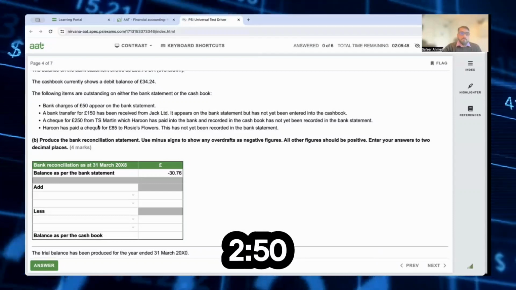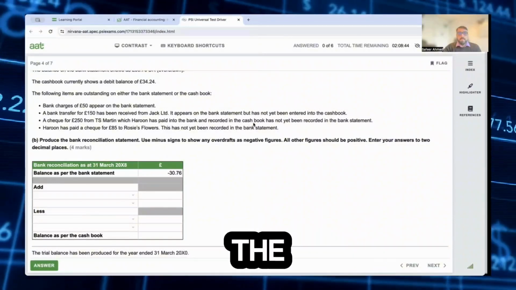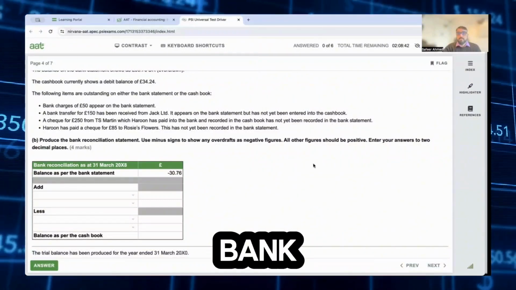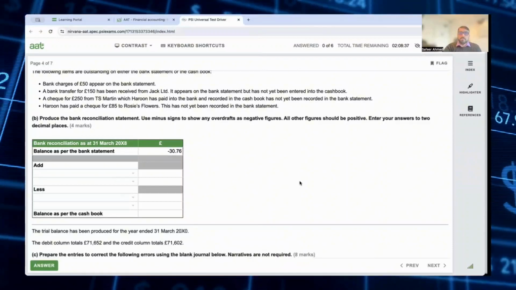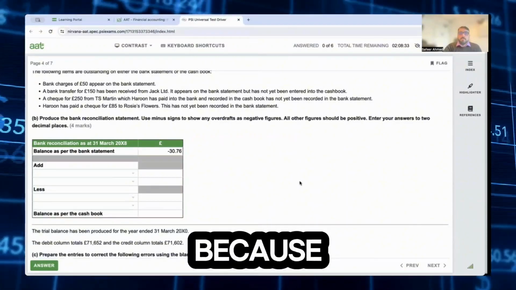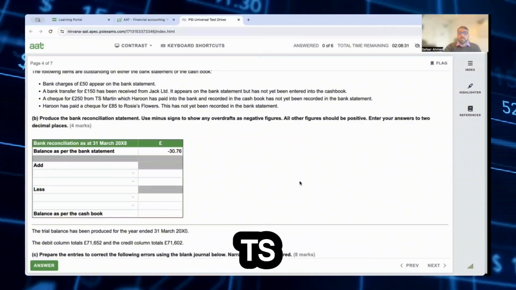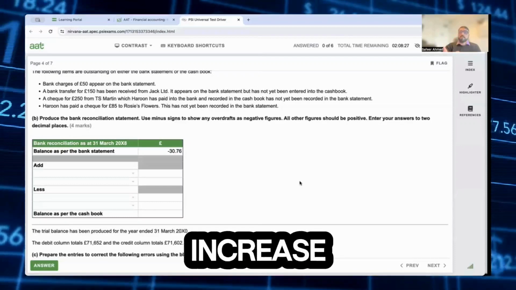A check for 250 from TS Martin, which Harun has paid into the bank and recorded in the cash book, has not yet been recorded in the bank statement. So of course we will need to record it here. And remember that this is a check from TS Martin, so this will increase the balance.